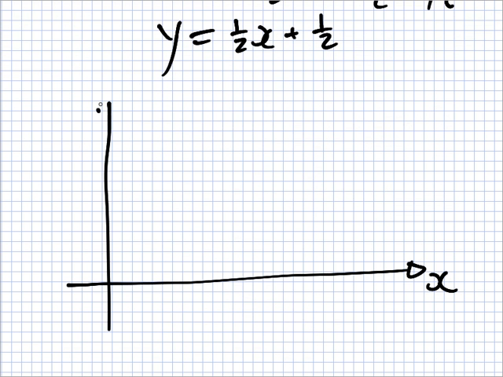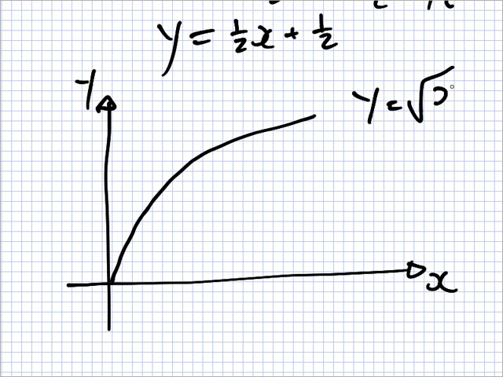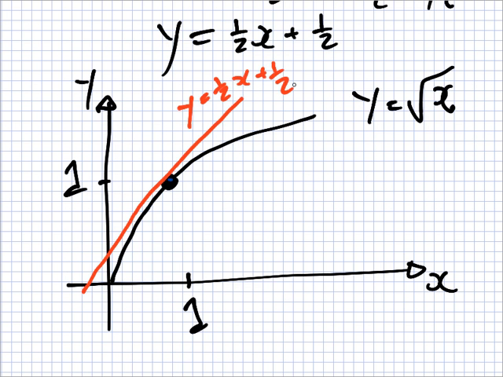There's x, there's y, and then this is the curve y equals root x. We have marked off the point 1, 1, and we have our tangent line, which, let me put it in a different color, looks like this. So this is y equals a half x plus a half.